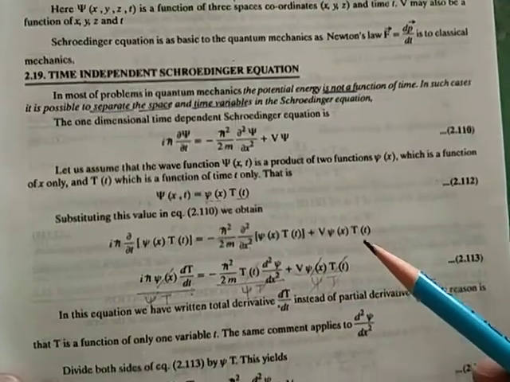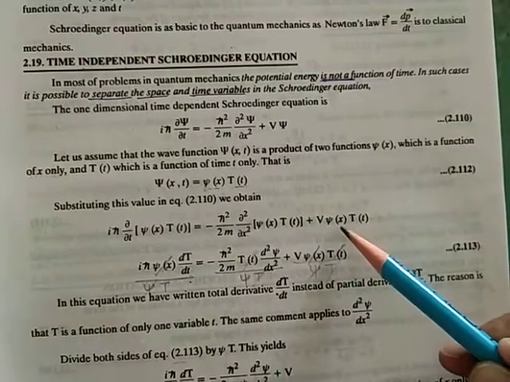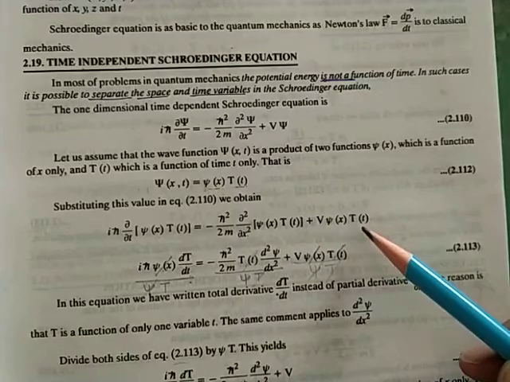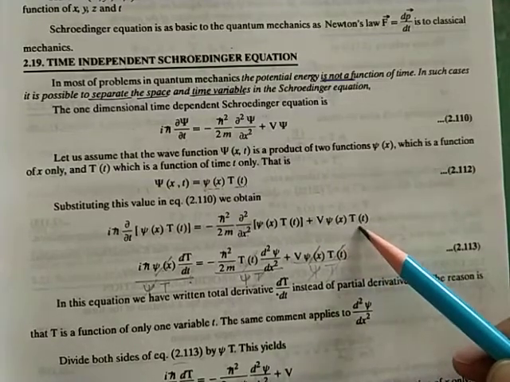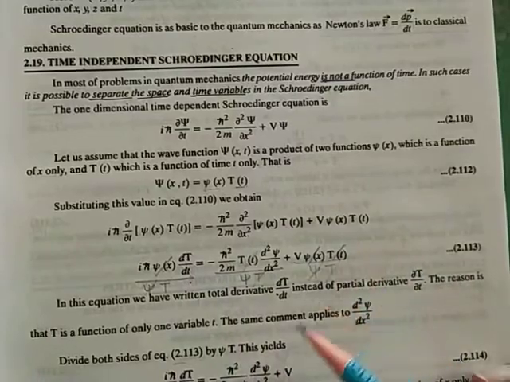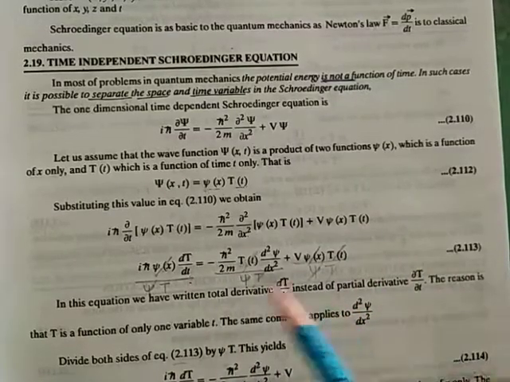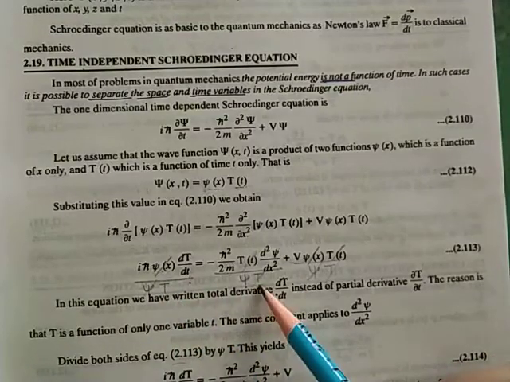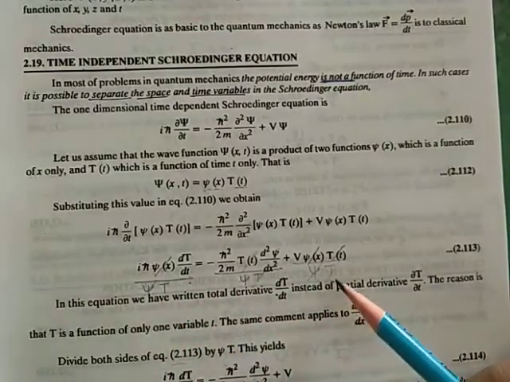You know that here are two functions, psi(x) and T(t). So we divide the whole equation by psi and T to simplify it. I have already written it with the pencil.